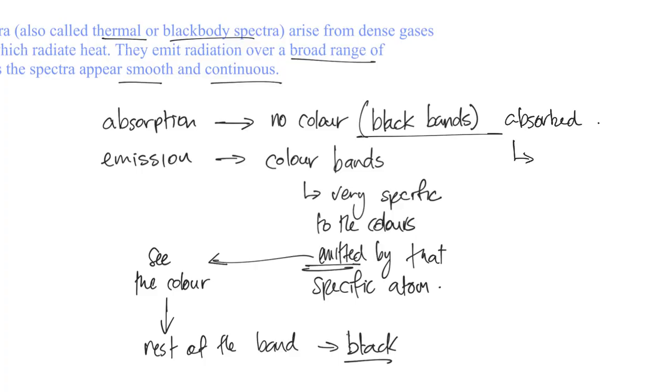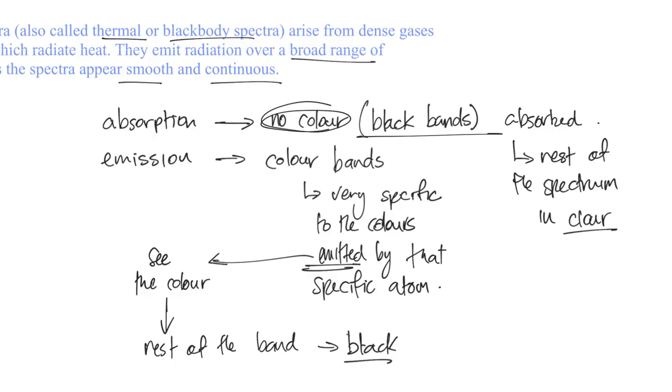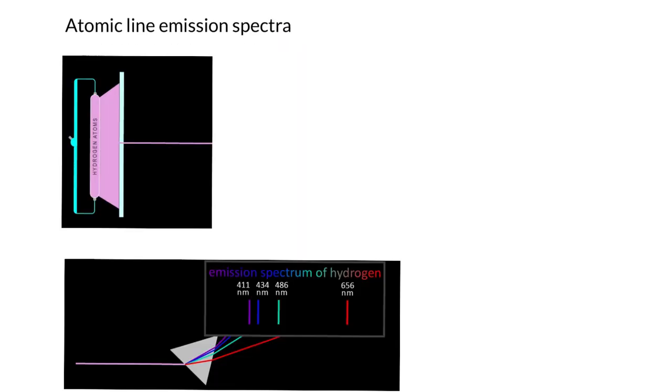But then you'll see the rest of the spectrum in color. So wherever it gets absorbed, you're going to see no color. Wherever you see emission, it's going to be in color. Let's have a look at the next thing.